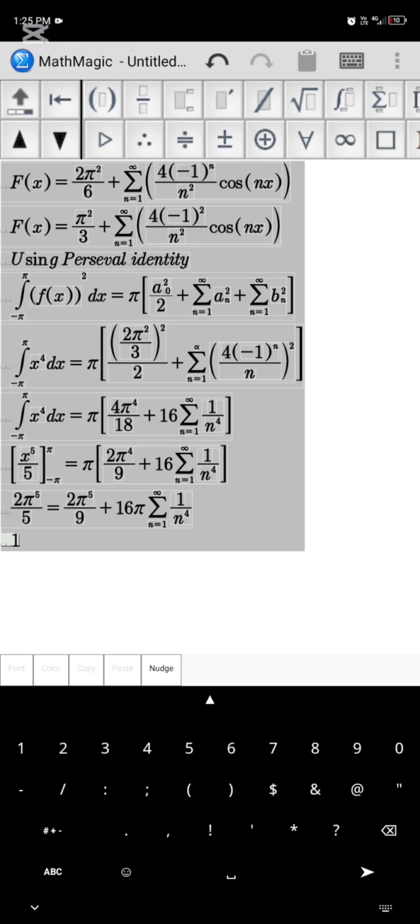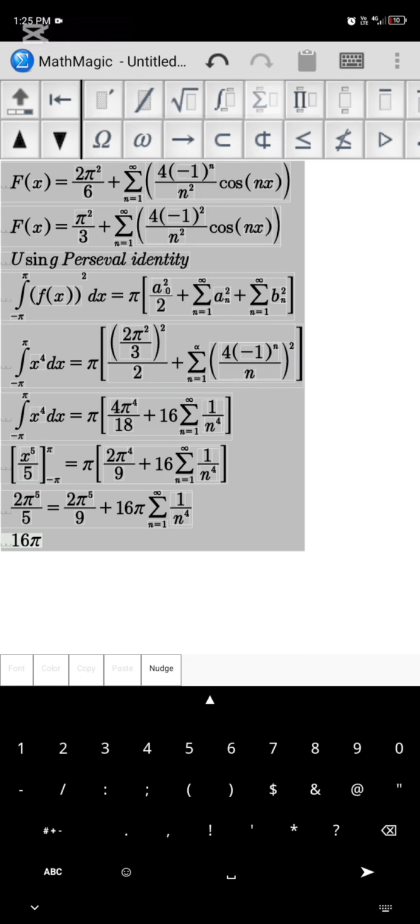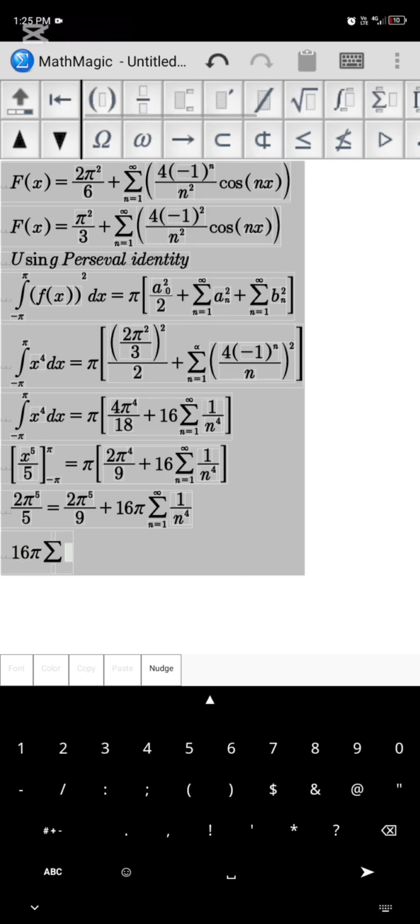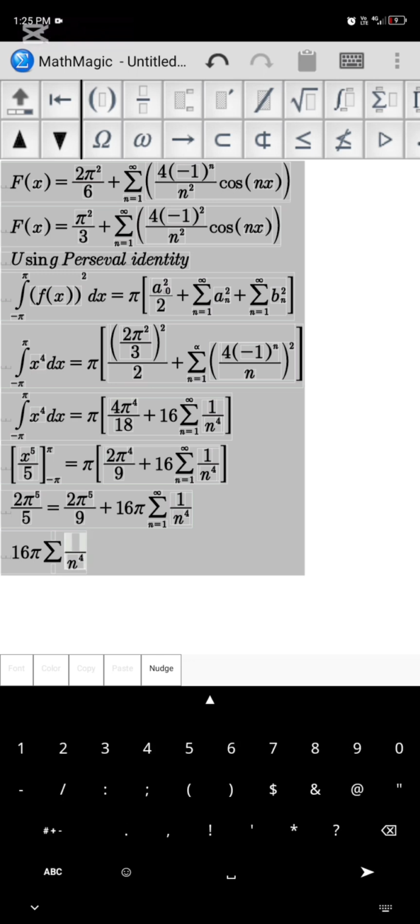So I'm going to have 16 pi multiplied by the summation of 1 over n raised to the power of 4, where n is starting from 1 to infinity.